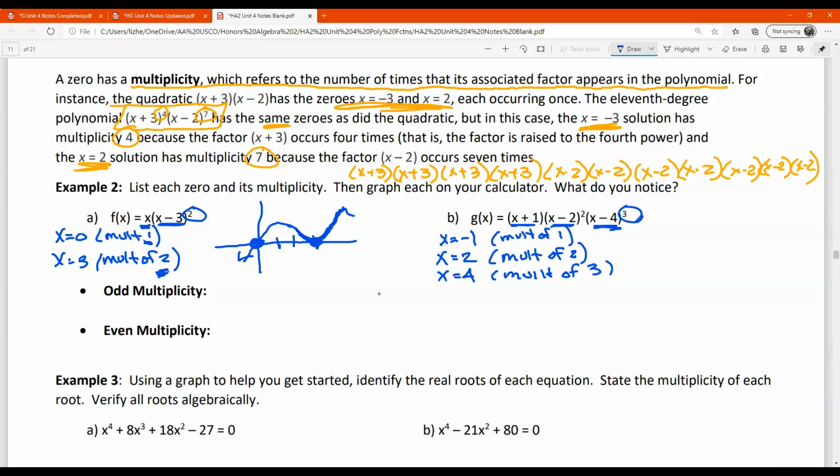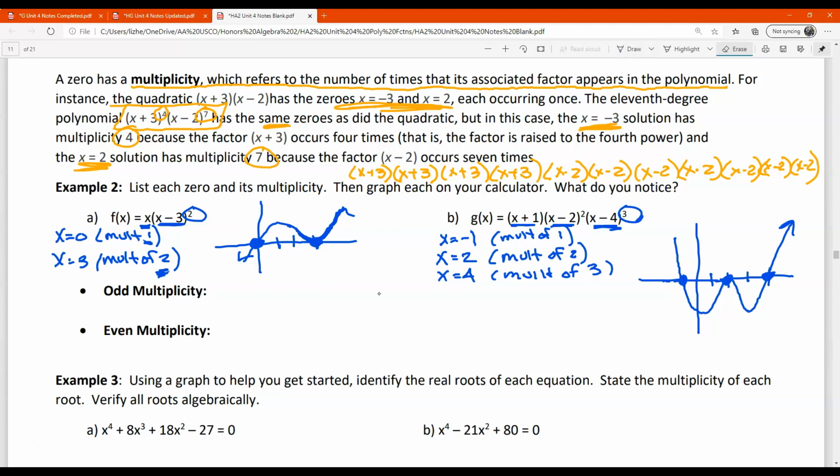So the exponent tells you the multiplicity. When you graph that, we have -1 here, 2 here, 4 here. Those are my zeros. You graph that, you're going to come down, you're going to go up, you're going to bounce, and then you're going to go up.